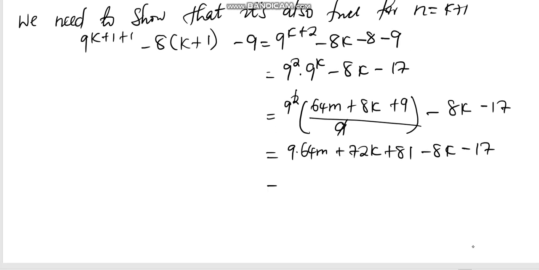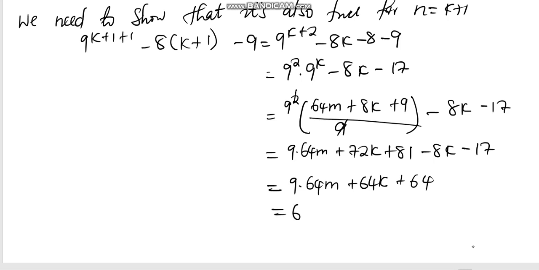So 72k minus 8k gives us 64k. So we have 9 multiplied by 64m plus 64k, then 81 minus 17 gives us 64. You notice that 64 is common on all the terms, so we can factor it out.